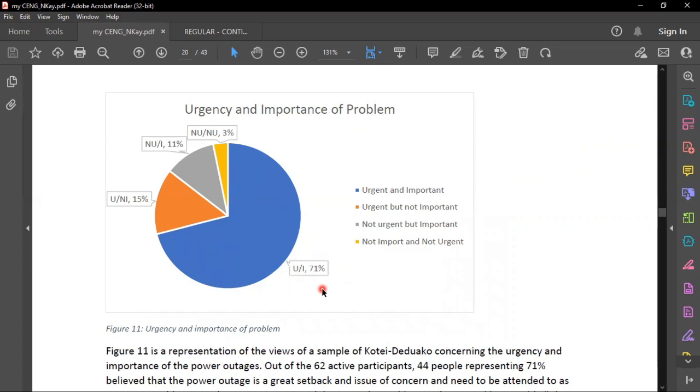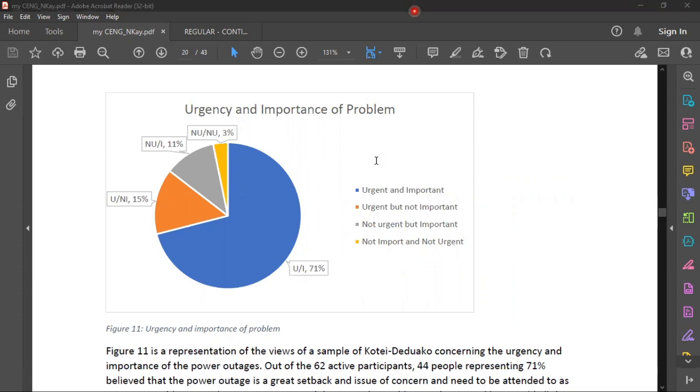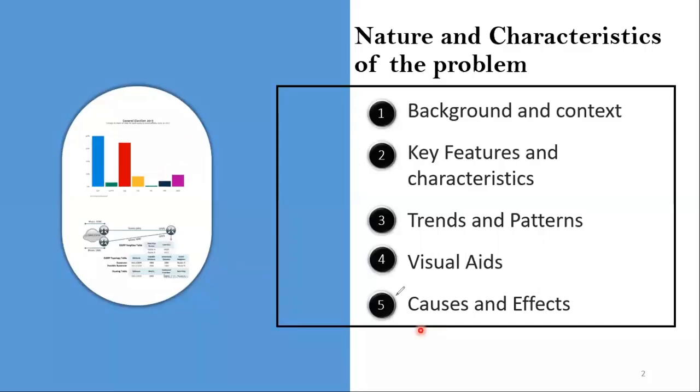Do you get it? Good. So that is why it is 71%. So if your problem is urgent and important, then it means that will drive you towards writing the report on it, right? Very simple. That is it. So I believe we are done with the first side, which is the nature and characteristics of the problem. Good. So we are done with that one as well.